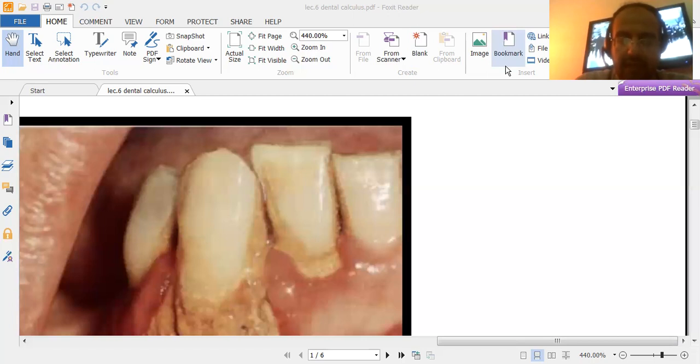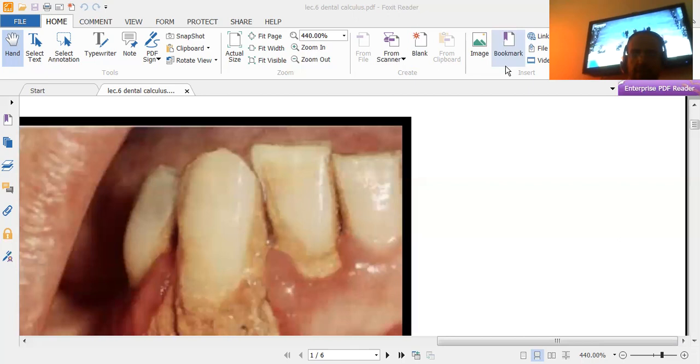The distribution of the supragingival calculus does not follow the distribution of supragingival dental plaque. The largest amounts are found near the openings of the salivary gland ducts.